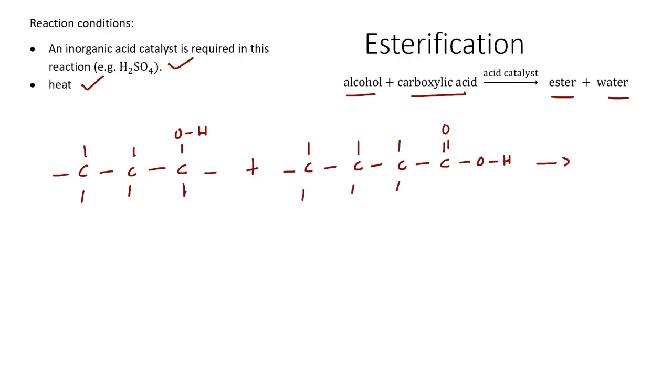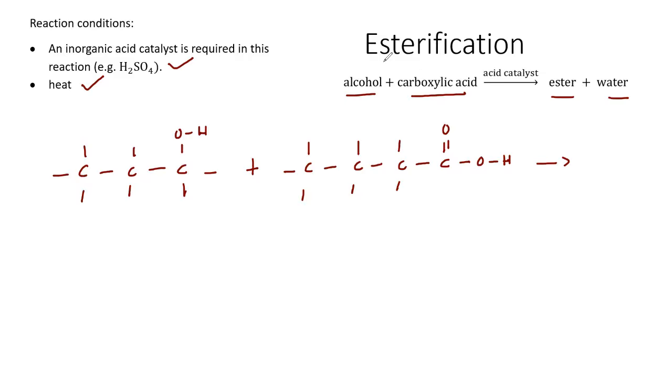Now listen to me. I want to form an ester. An ester is formed from esterification. Esterification is a reaction which is part of elimination reactions. It produces an ester and water. Esterification comes when you react an alcohol and a carboxylic acid. So how is my ester going to be formed?